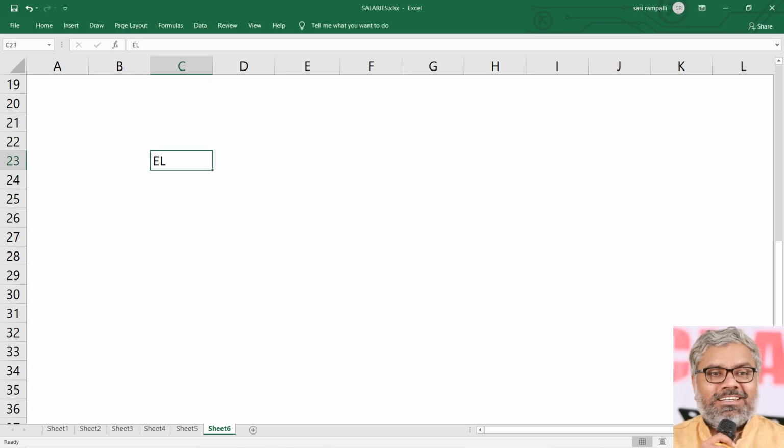Then there is availed leave, and then leave to the credit, or unavailed leave. So entitled leave minus availed leave will give unavailed leave, that is the leave to the credit of the employee.